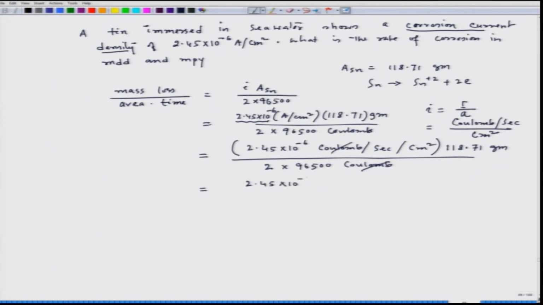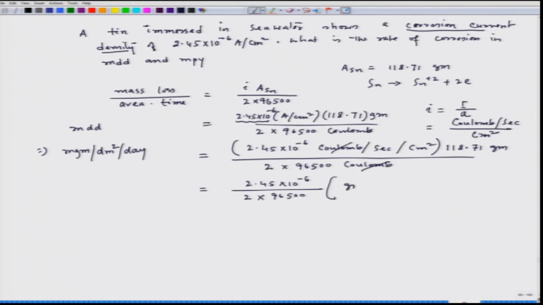Then 2.45 into 10 to the power minus 6 divided by 2 into 96500, and now I will convert the units because it is in MDD, which is milligram per decimeter square per day.